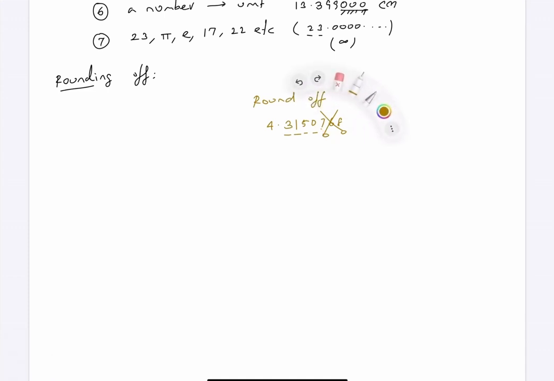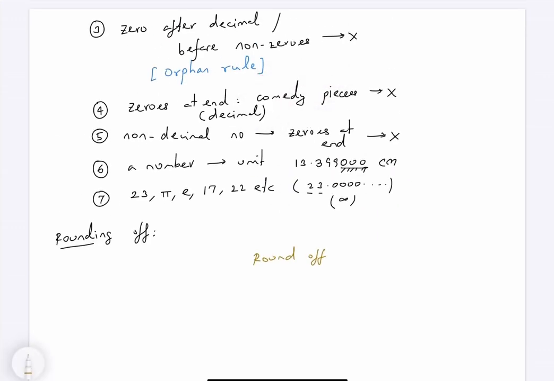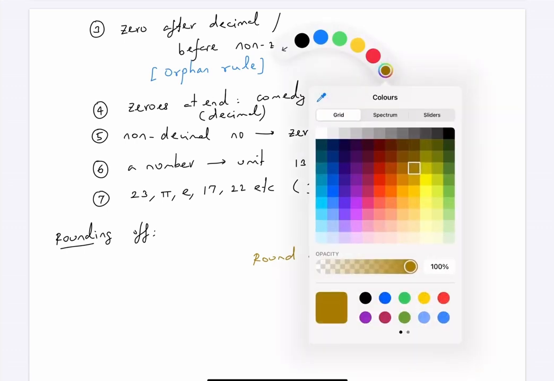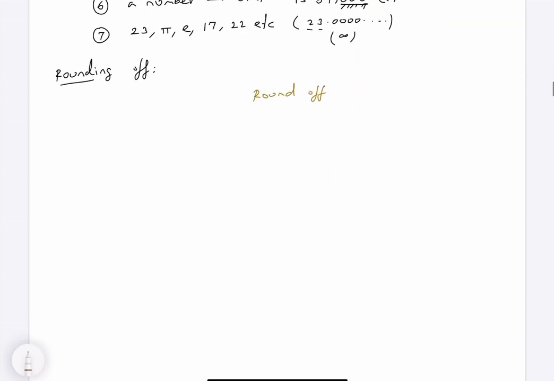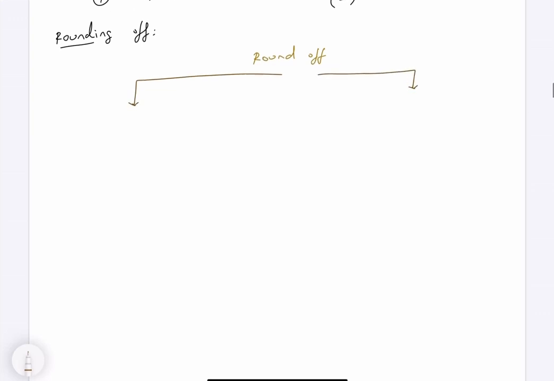So let's see some rules. Rules are very simple for rounding off. If the digit to be rounded off is 5, what do you do? If the digit to be rounded off is not 5, what do you do? Not 5, there are two cases. One is greater than 5, one is less than 5. Here, if it's 5, you look at the left.